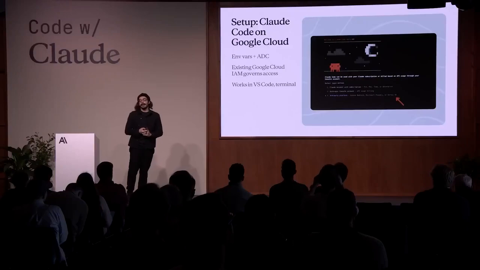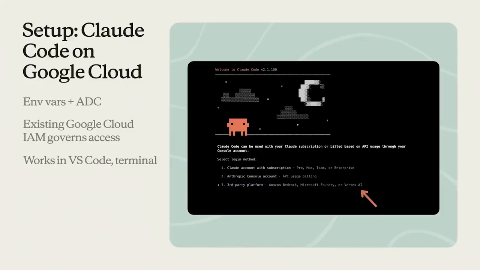Talking about building and deploying with Claude on Google Cloud, the first thing that you need to do, if you use Claude Code, is setting up the tool itself. Using Claude models with Claude Code, but with models hosted on Google Cloud, is pretty straightforward.